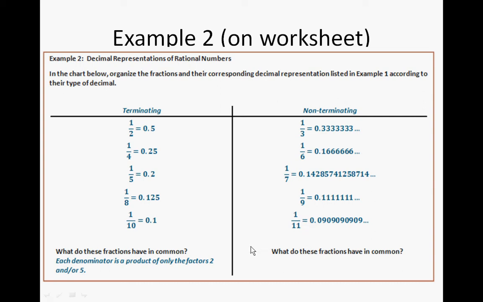Over here, the denominators contain at least one factor other than 2 or 5. So we have a 3, we have 2 times 3 here, we have a 7, we have 3 times 3, and we have an 11.